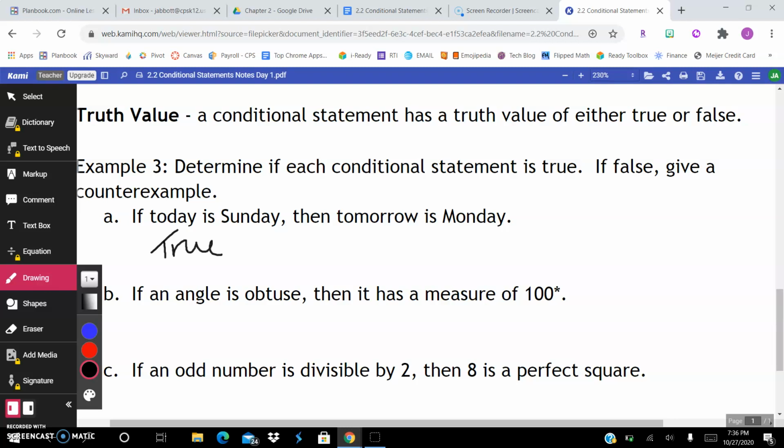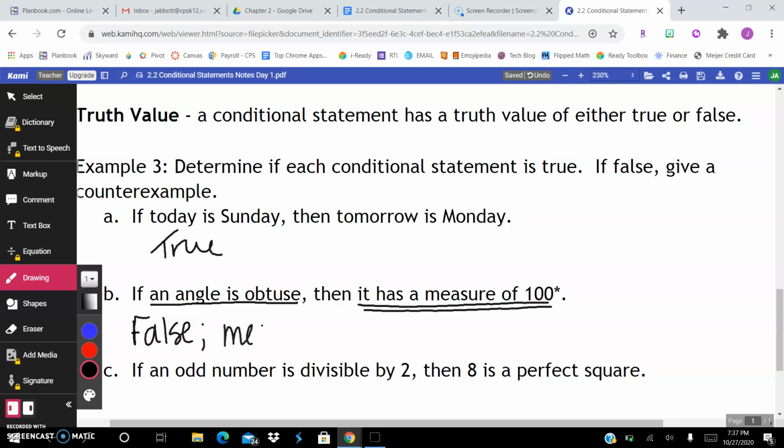Part B says, if an angle is obtuse, then it has a measure of 100 degrees. The hypothesis is true, but the conclusion is false. Therefore, this is false, because an obtuse angle does not have to be 100 degrees. It could be 110, it could be 170, it could be anything. Just because the angle is obtuse does not mean it measures exactly 100 degrees.